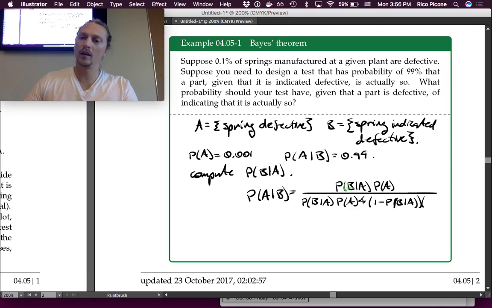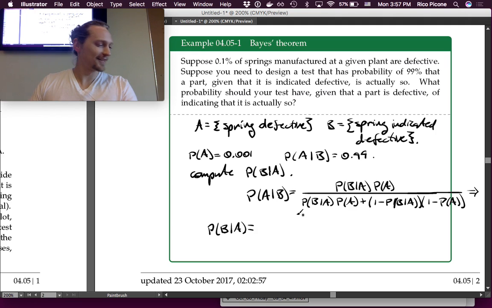And the next one is the probability of not A, which is just 1 minus the probability of A. I'm not going to go through the steps, but you can solve that for the probability of B given A. It's the only unknown in this equation, but it shows up thrice.